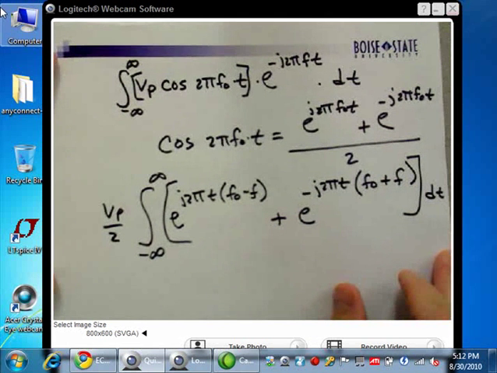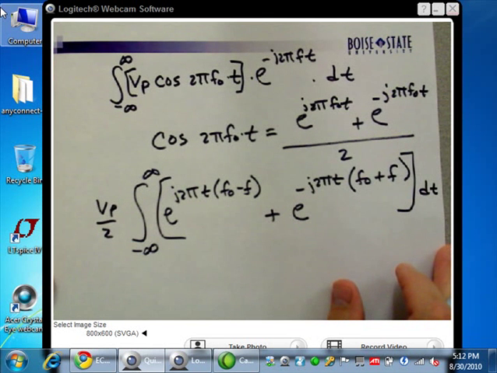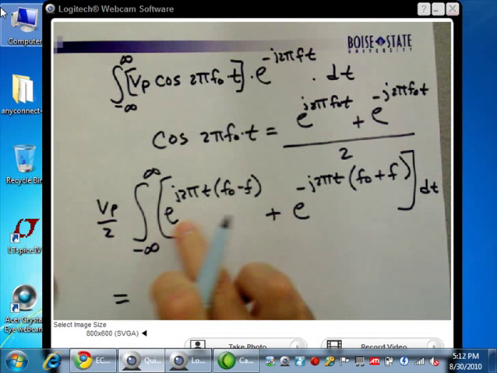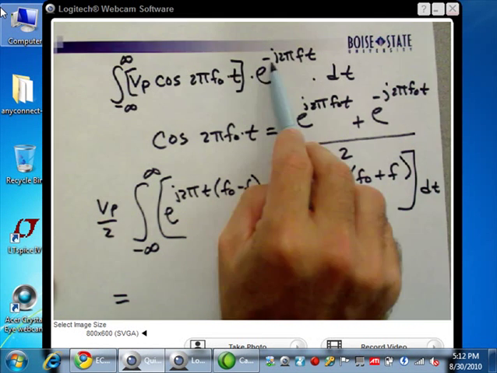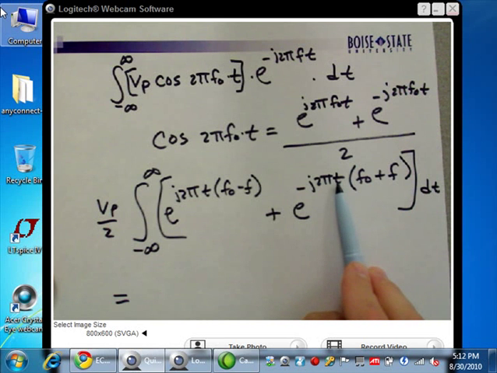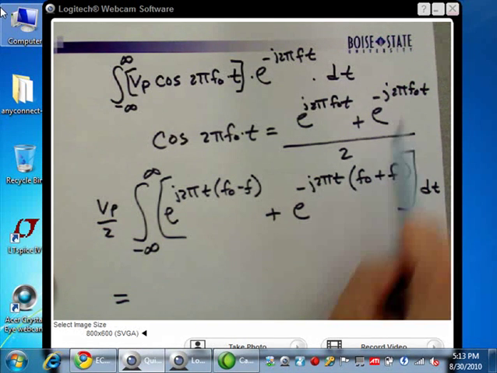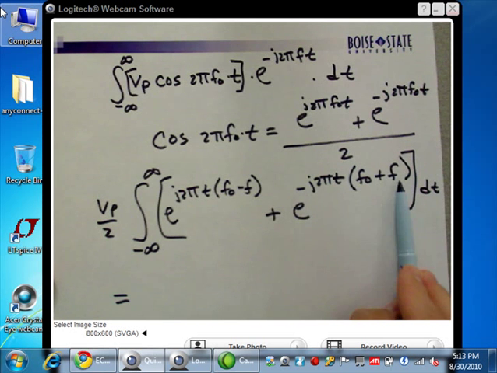Looking good? Alright. What does this evaluate to? Go ahead. So we got minus j 2 pi t times f, which is this term, and then the f naught would be the minus for this term. So since it's minus, minus, minus, I think it's right. Okay.